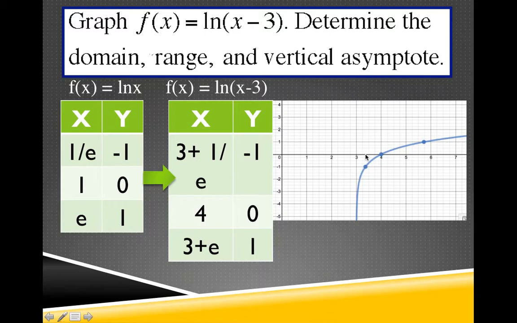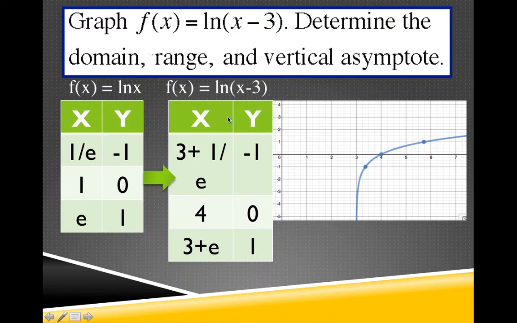So I've got 3.4, negative 1; 4, 0; and then e is approximately 2.7, so 3 plus 2.7 is about 5.7, and 1.